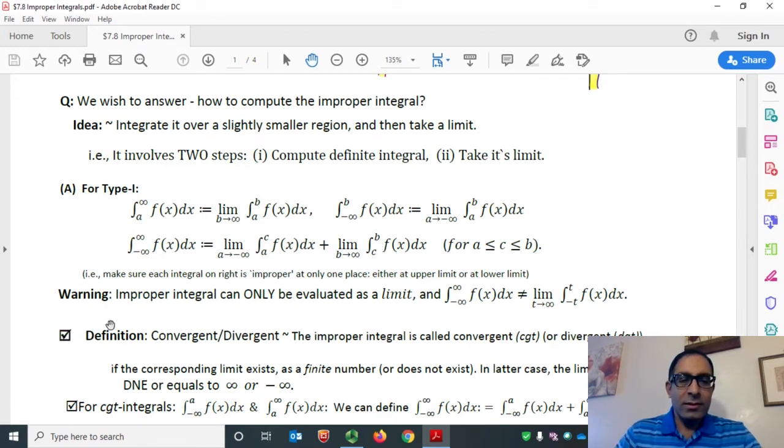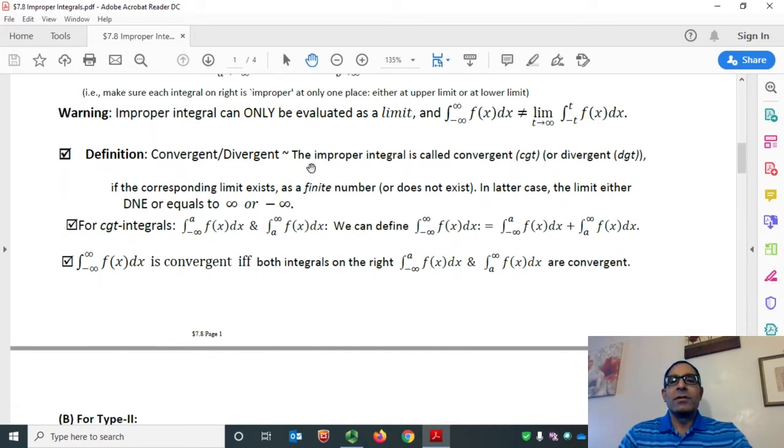One quick warning: an improper integral can only be evaluated as a limit. And the improper integral of f(x) dx from negative infinity to positive infinity is not equal to the definite integral from -t to t of f(x) with the limit as t goes to infinity. So we cannot write it this way. Awesome. Let's move on.